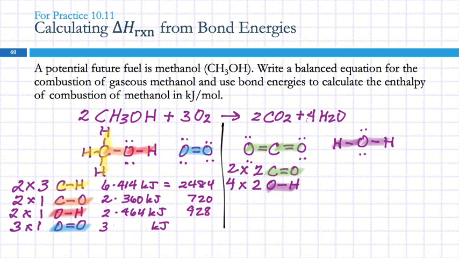I needed the oxygen double bond, which was 498. 498 times 2, 996, plus 928 plus 720 plus 2484, 5125. Did I make any other mistakes? You mostly said 498 by 2, like two instead of 3.